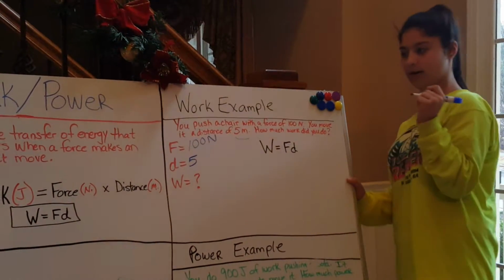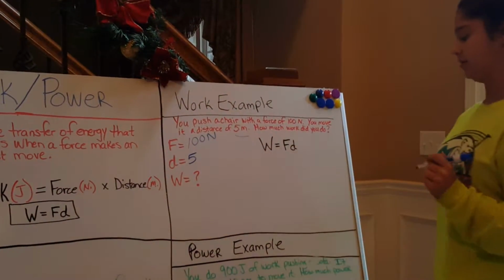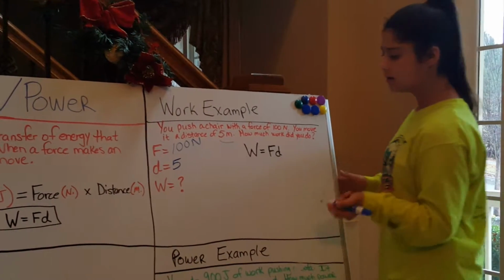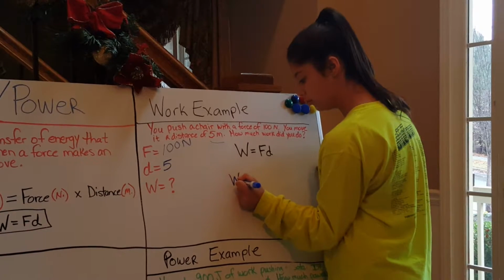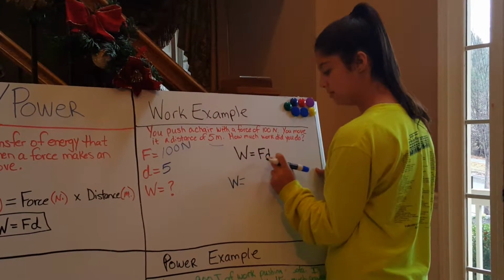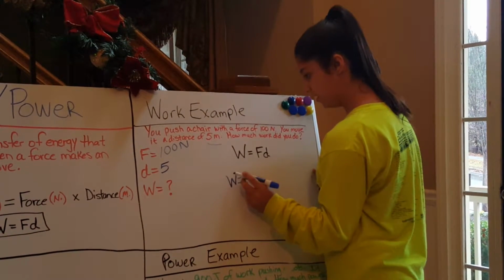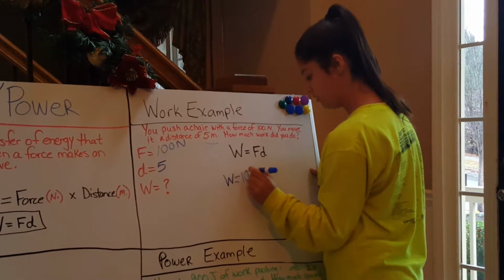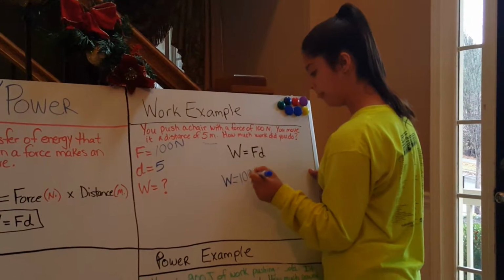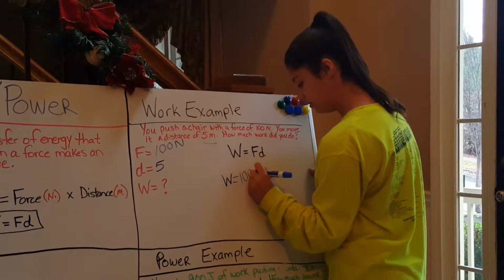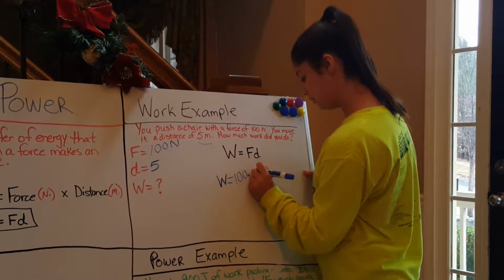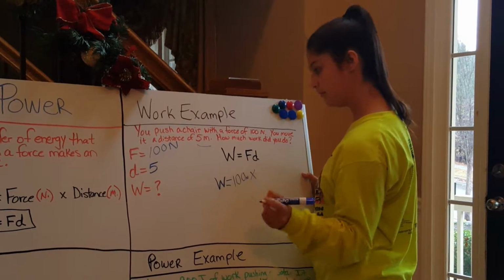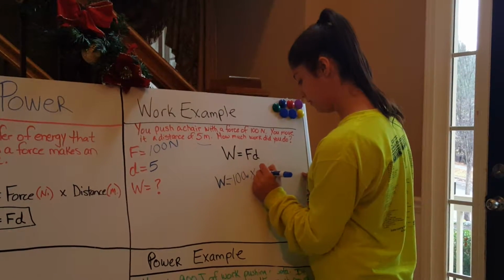So, in order to figure out this problem, you're going to plug it in. You're going to put W equals force times your distance, which is 100 newtons, you can use a small n, times 5 meters.